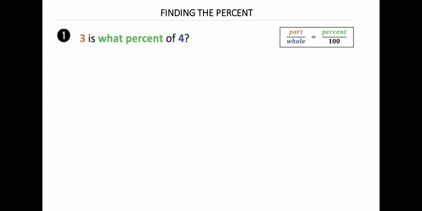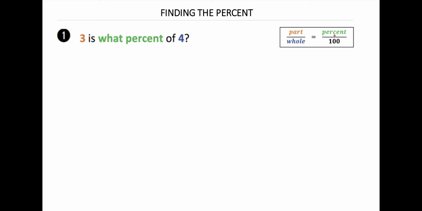If we go back to our original example, question number 1 is 3 is what percent of 4? 3 is what percent of 4? So I've put the setup on all of these problems so you can see it. So 3 is, that's the part, obviously, and I've color-coded it so it's obvious.